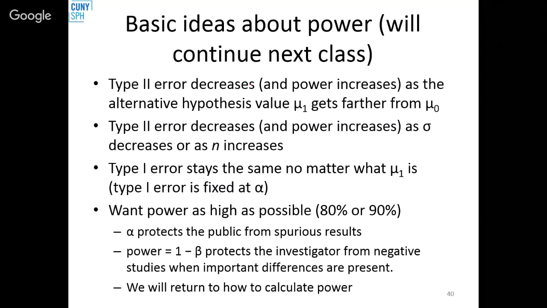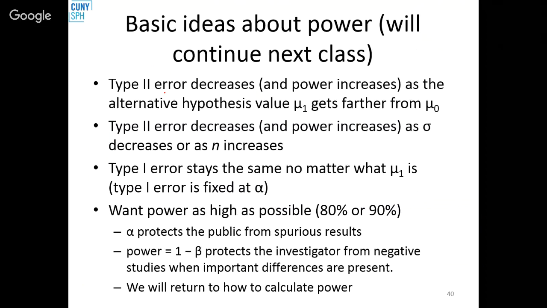As I mentioned, there's a trade-off between type 1 and type 2 error. Type 2 error, which is when you fail to reject the null when the null is false, becomes less frequent the bigger the difference is.